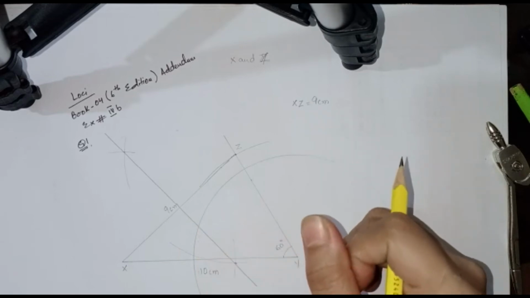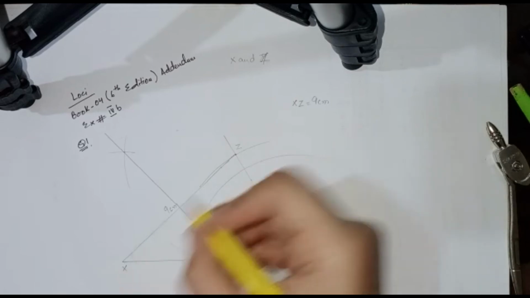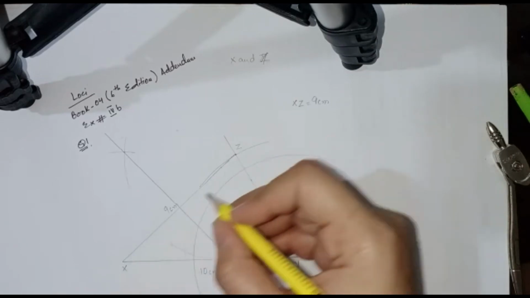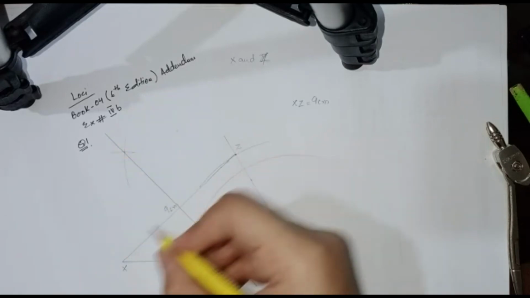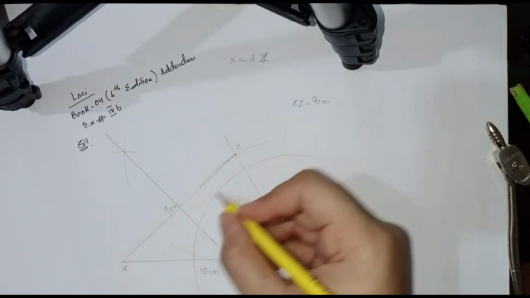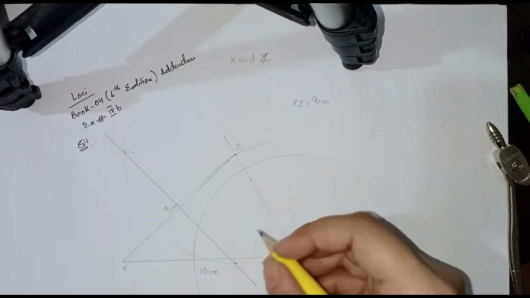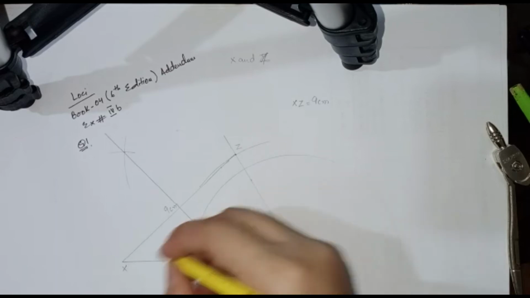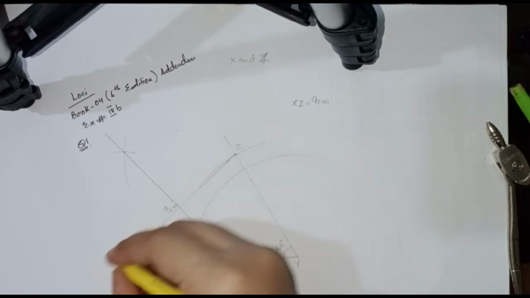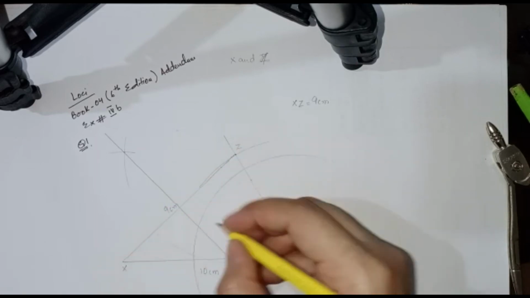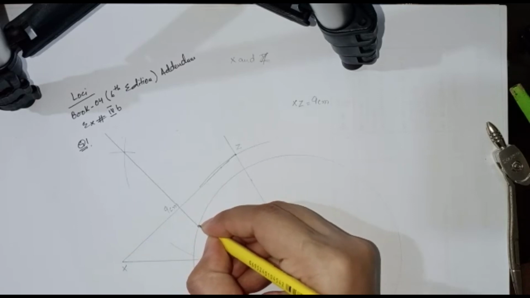Okay, and equidistant from the point X and Z. So here we have this locus which is equidistant from X and Z, and here we have this circle which is 6 centimeter from Y. So we have a point P inside this triangle which is 6 centimeter from Y and equidistant from X and Z. So see, here our both locus are intersecting with each other.